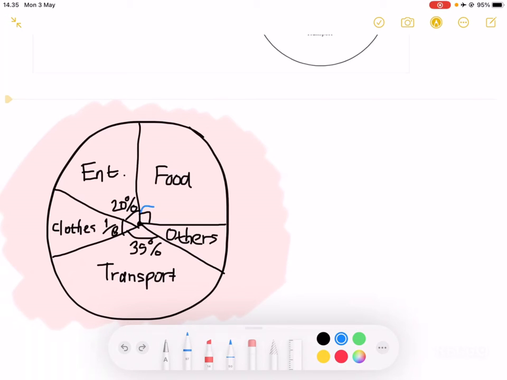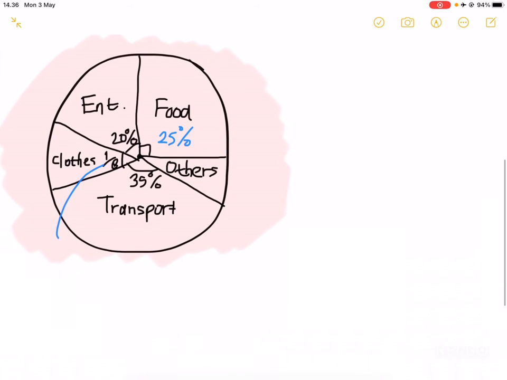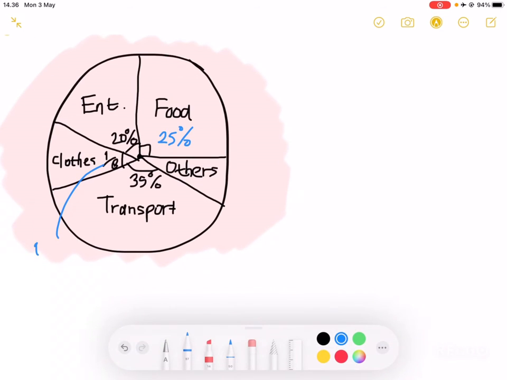And notice this right angle represents a quarter of the whole thing, and a quarter of the whole thing is 25%, so we can write this right angle as 25%. Same thing for the clothes. This represents 1/8 of the whole thing, and 1/8 of the whole thing represents 12.5%.